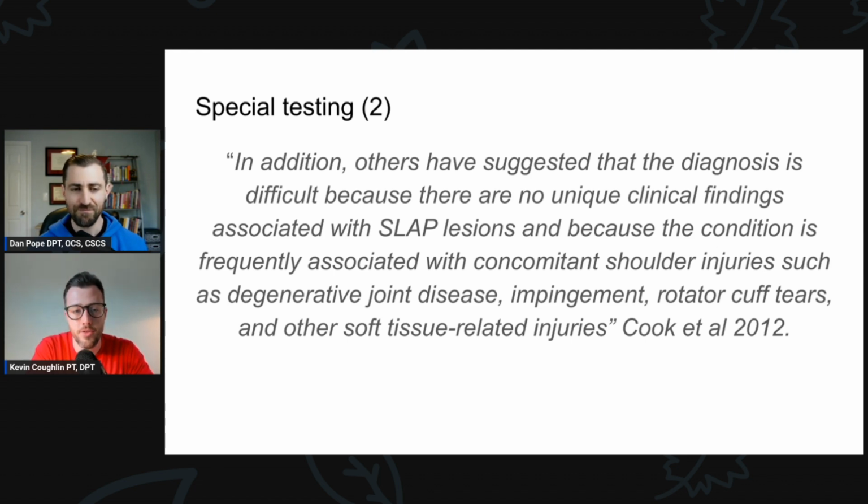So this was just a quote that I think would be nice to keep in mind when you're getting certain results on special tests for SLAP tears, just understanding that there could be a lot of other things going on in the shoulder.